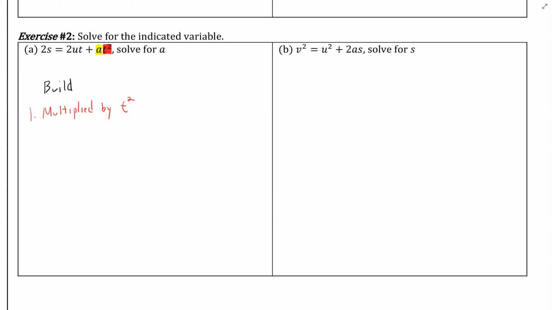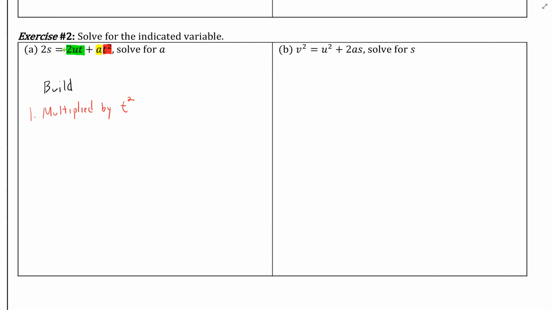And so the 2ut, what a tongue twister. What is that doing? Well, consider the fact that there is an invisible positive sign in front of the 2ut. Right, because if you don't see a negative sign, you can assume that a term is positive.